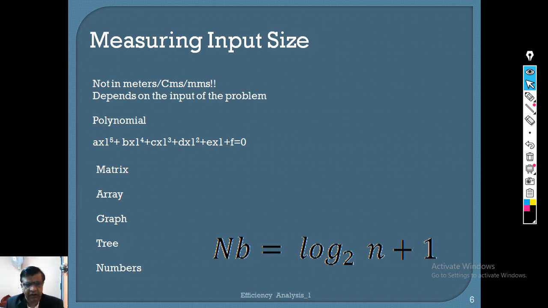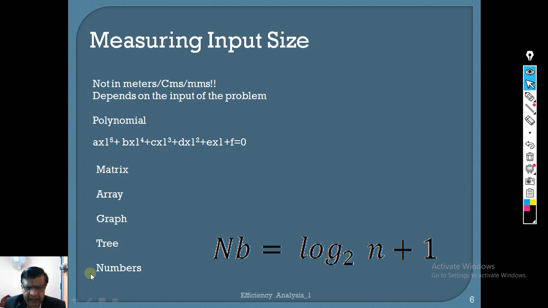Therefore the cardinality of the vertex set and the cardinality of the edge set remain the two inputs as far as a graph related problem is concerned. If it is a tree related problem, it is definitely the number of nodes in the tree, because various operations of the tree can be expressed as a function of the number of nodes.